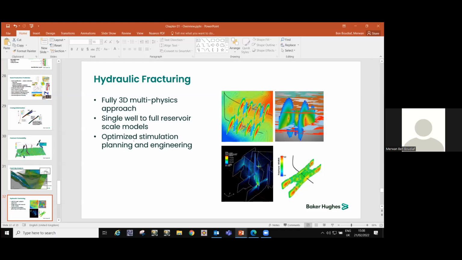In addition to that, for horizontal wells, when you are performing multi-stage frac, such as here, as you can see on this beautiful image with different stages, the orientation of stresses is very important.